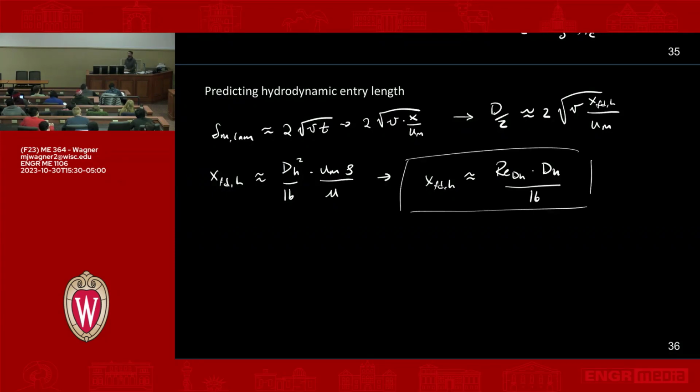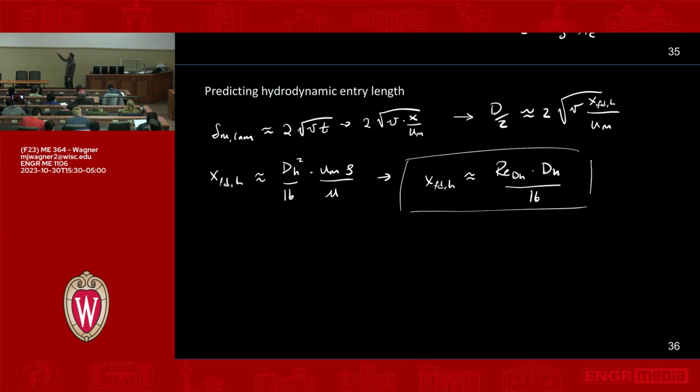Kind of interesting. So we just use our definition of when we know the boundary layers are going to come together at this d_H over 2, and we solve the equation algebraically, and say approximately this is about how long it's going to take distance-wise for the flow to fully merge.